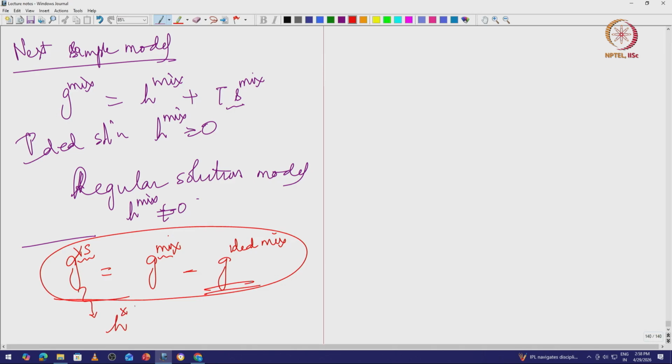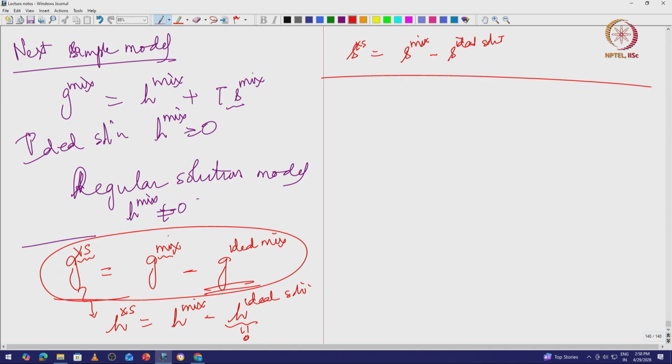Similarly, I can define H excess, which is H of the solution minus H of the ideal solution, and H of the ideal solution is anyway 0, correct. Similarly, S excess can be defined as S of the mix minus S of the ideal solution. So, I can define what are called the excess quantities. Now, in case of a regular solution, just bear with me, I am just going to give you the model first and then try to understand it physically, and we can try to understand the physical meaning of this model later.